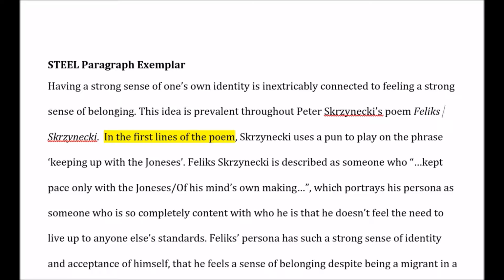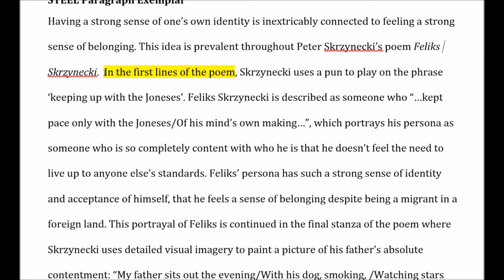What you can also see here highlighted in yellow is the next part, which introduces the technique of a pun, and it also introduces the example that that pun occurs in.